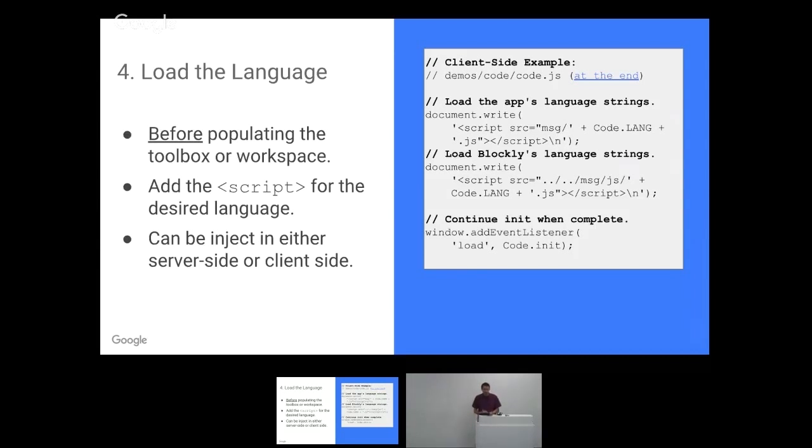In demos/code, at the very end of that file is a little segment that reads in what code language is being passed in from the URL parameter, and then loads this script so that the right JavaScript string table is loaded in, and then we add a load event for the window. So basically waiting for that JavaScript to be fully loaded into the system. And then we continue on with our initialization and our Blockly.inject.